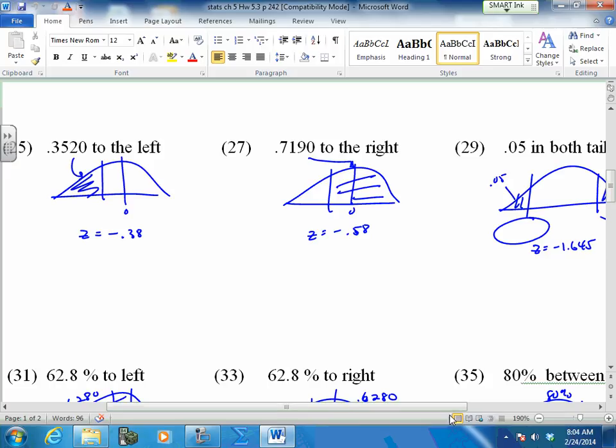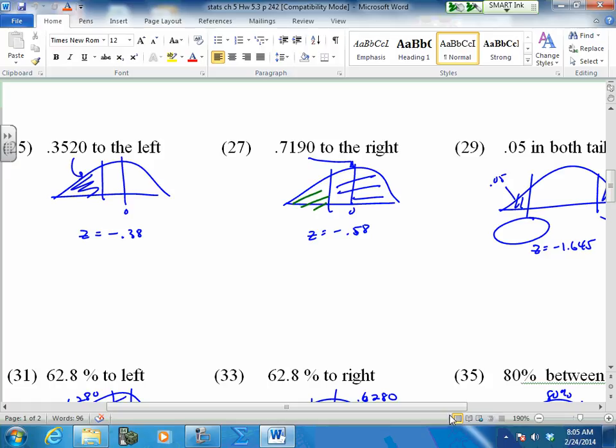You've got number 25. They gave you a little sketch, and you've got an area to the left. Same thing you just did up top. Do the inverse norm, put the area in, get the z-score. Area to the right is this way. So you can only look up this one.